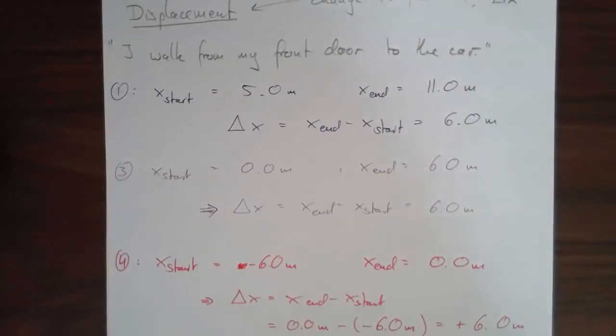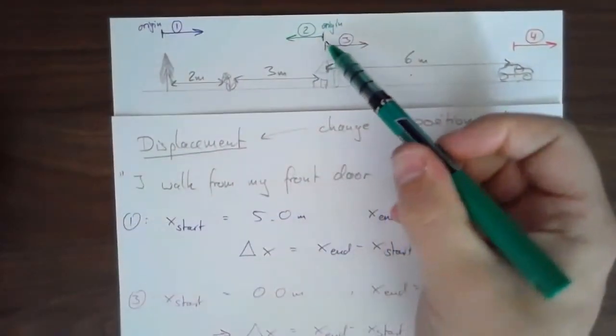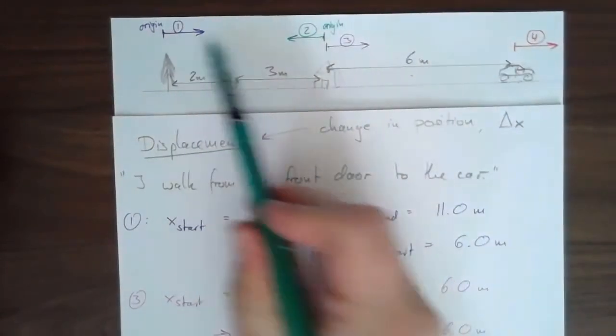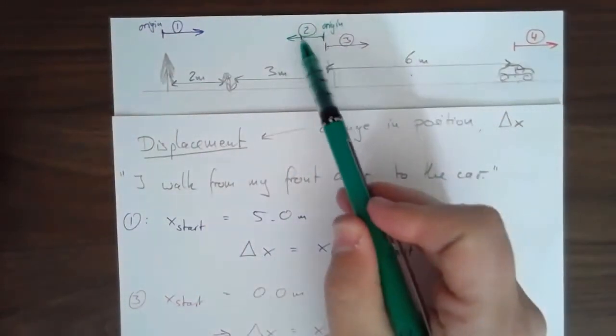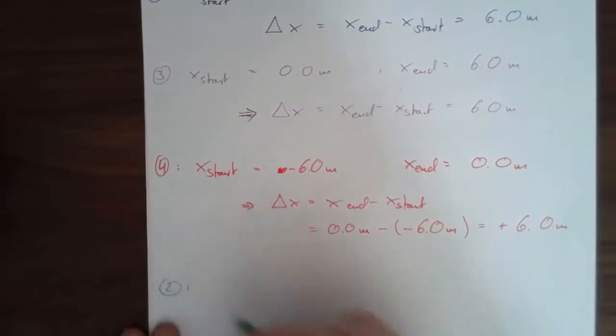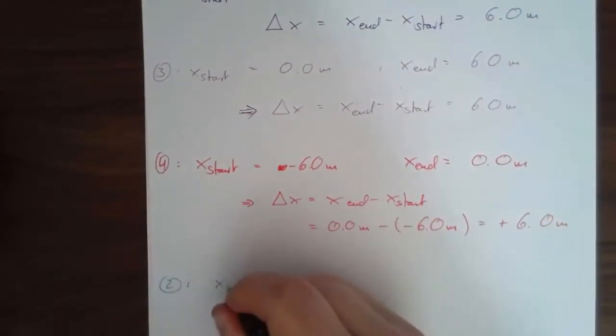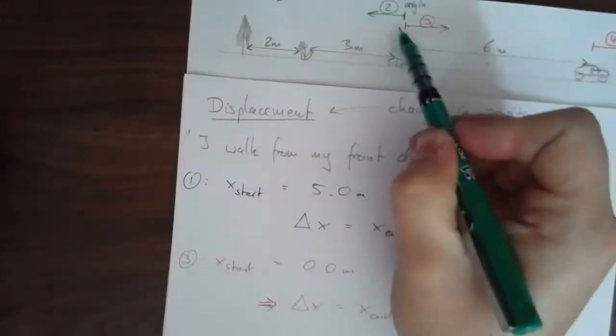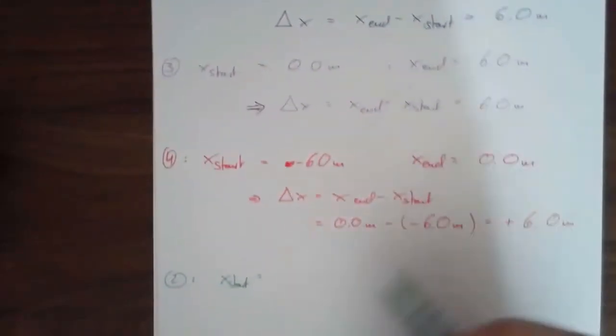There's a reason I skipped the second one, this one here. Notice the second one is different in that it points the other way, right? All those three were pointing the same direction. This one pointed a different direction, which is fine. But in this coordinate system, I start at the house, because I start here, and this is the origin.